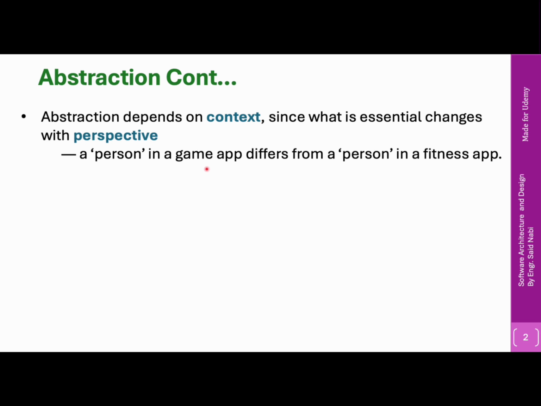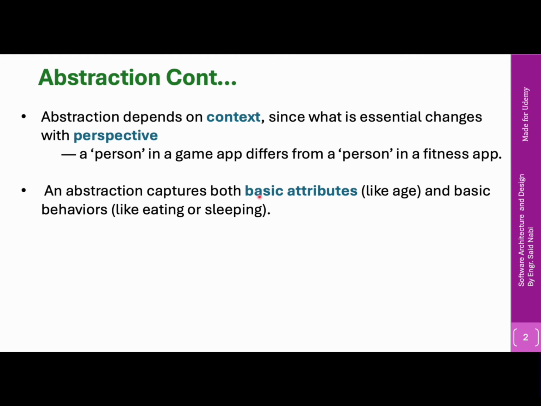If you are making an abstraction for the person in a game app, you would most likely capture attributes like the name, avatar, and score. Similarly, in a fitness app, the attributes may include age, weight, steps, heart rate, etc. So the same person can have different abstractions. It totally depends upon the context.